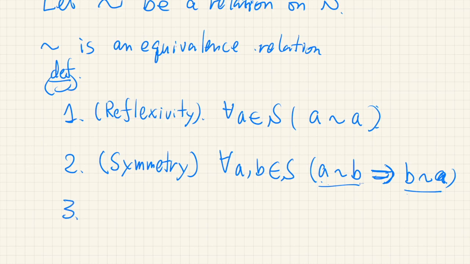And three is called the transitivity property.